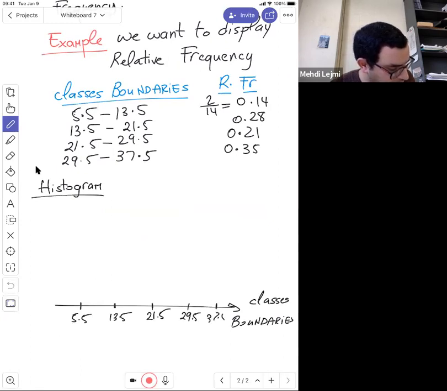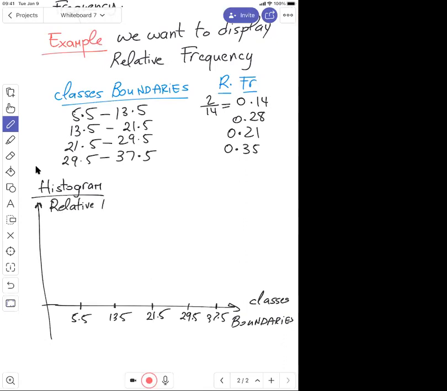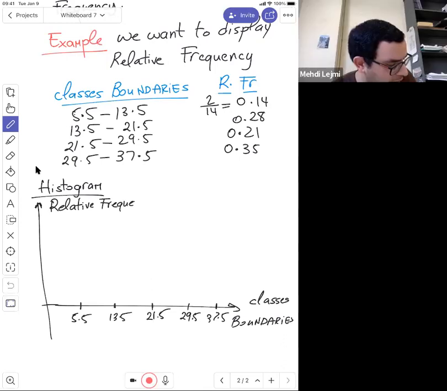This is actually why these classes boundaries are useful, because the upper limit and the lower limit of two consecutive classes will coincide. On the vertical axis, we're gonna put the relative frequency. And as I said, the intersection of the horizontal and the vertical lines is always your zero.